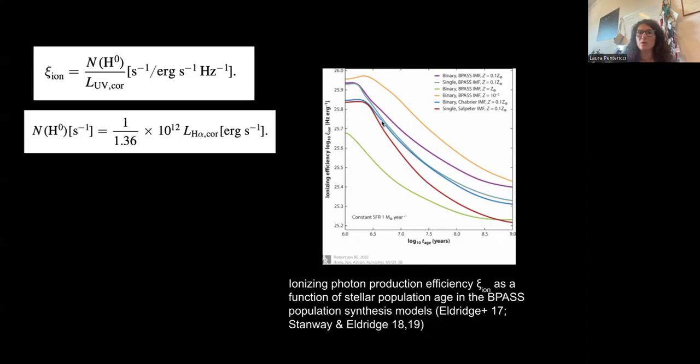The green line would be for solar metallicity. The yellow line would be for a metallicity that is very, very small, 10^-5. So low-metallicity sources in the models produce many more ionizing photons at a given age. So this is what models tell us.